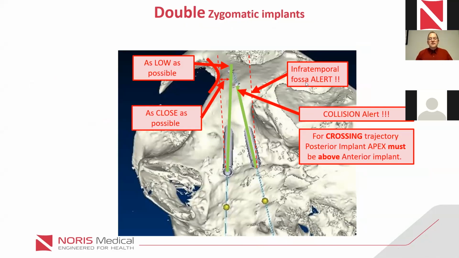Okay, this is a very important question. And you know, the surgeons are divided about that: whether you do the first implant the anterior one, or the first implant the posterior one. I will switch to the software, and I will present it on the software.